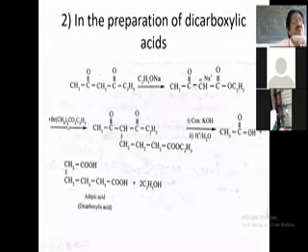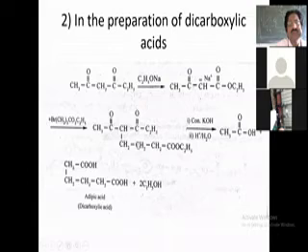This is once again an ester, a bromoester, with CH2 three times here: Br CH2 CH2 CH2 CO double bond CO CH2. So the bromoester is linked.